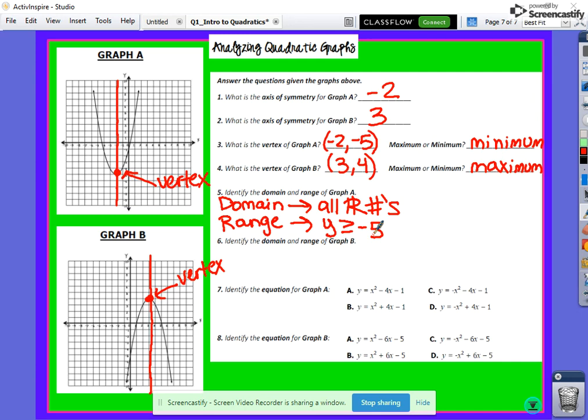Domain for a parabola and for any function is the values that qualify that are x. The x values for graph A are all real numbers.